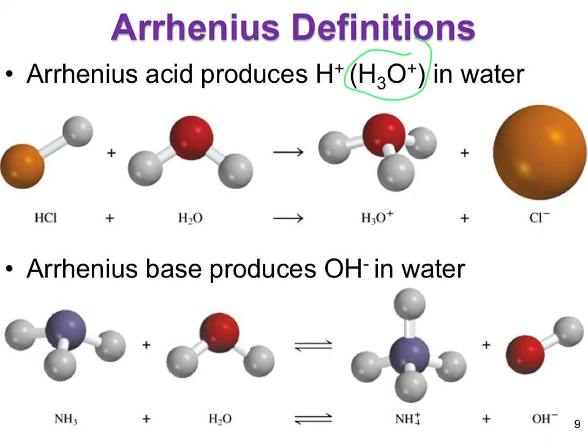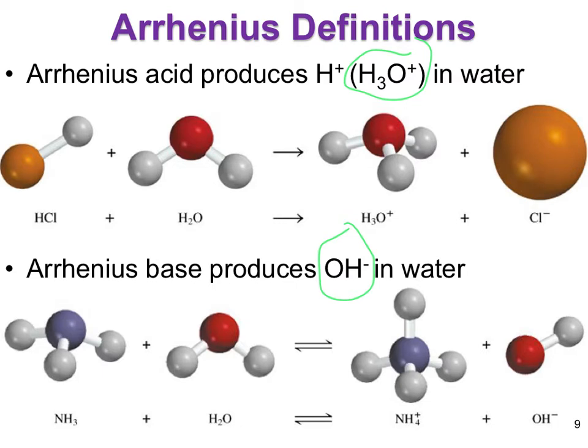An Arrhenius base produces hydroxide in water. Any metal hydroxide, such as lithium hydroxide, LiOH, dissociates in water to produce the metal ion and a hydroxide ion. Ammonia and amines also act as bases, but these produce their hydroxide ion by removing a hydrogen ion, H+, from a water molecule.